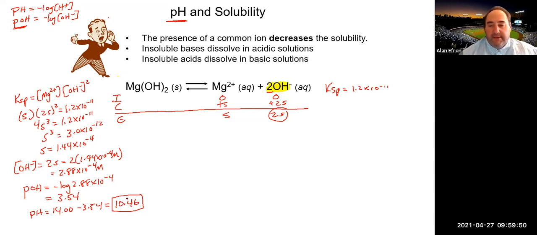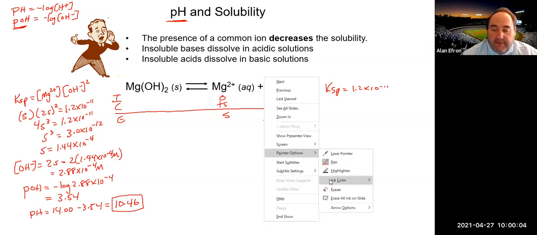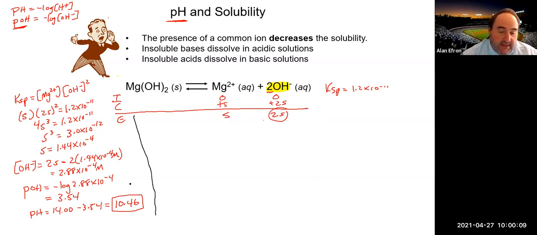So what is knowing the pH in the solution? Why would it be important in terms of solubility? So let's talk a little bit about this. What we basically just calculated is, if you had a beaker of the solution, the baseline pH of the solution right here is 10.46, which means... What would happen if we took the pH below 10.46?